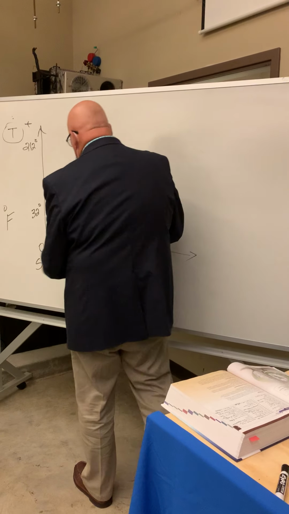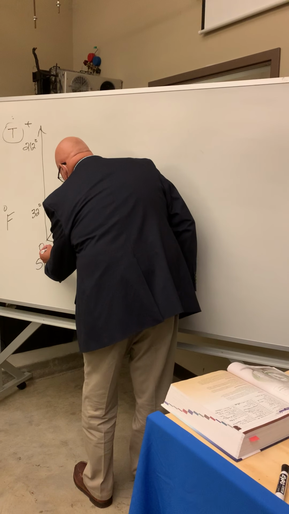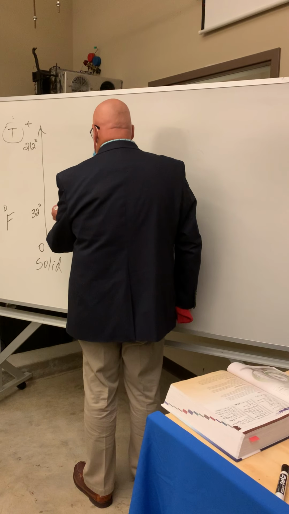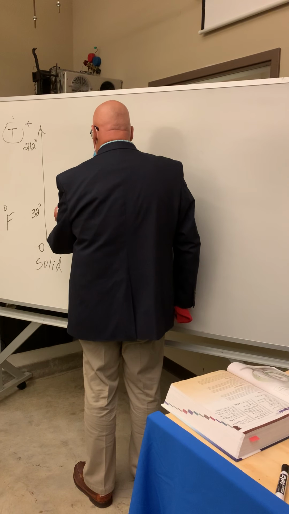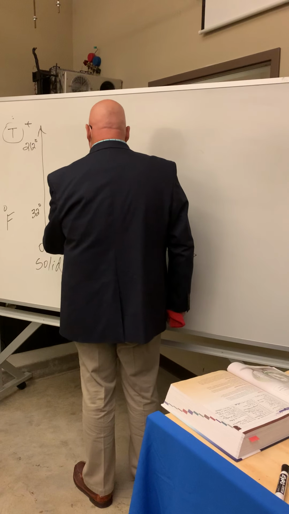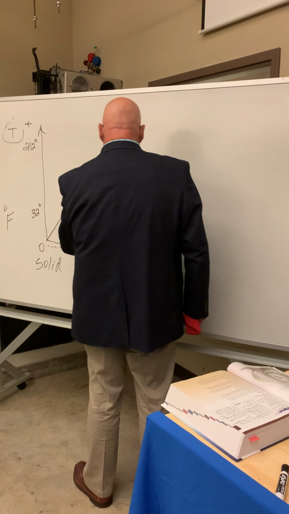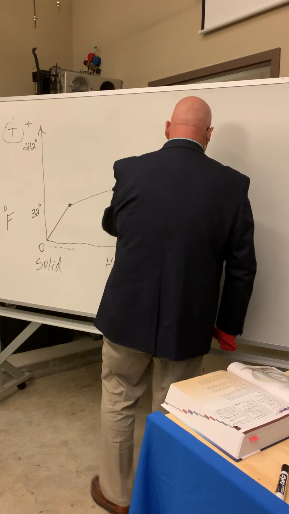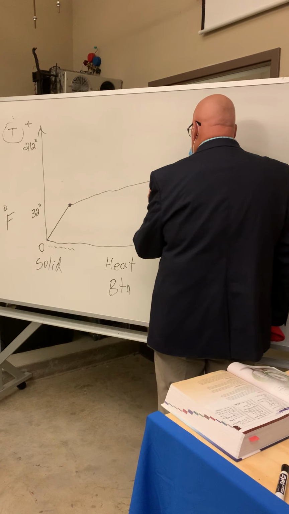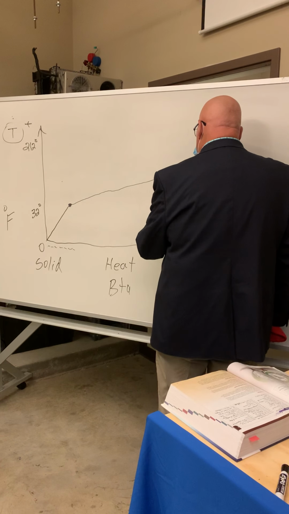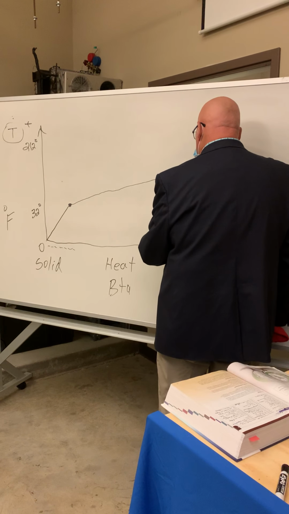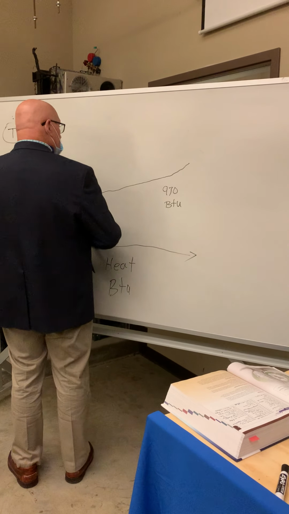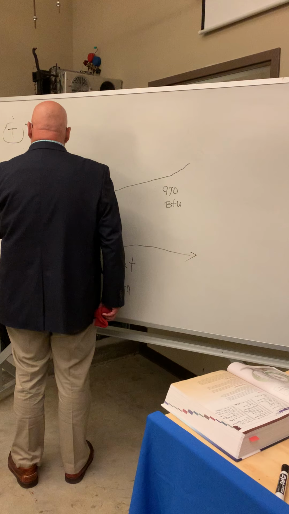So I added heat in BTUs all along this right here. As the temperature increases from this point, I'm going to slowly continue to add heat until I've added 970 BTUs. Drawing's not the best, but here we go.